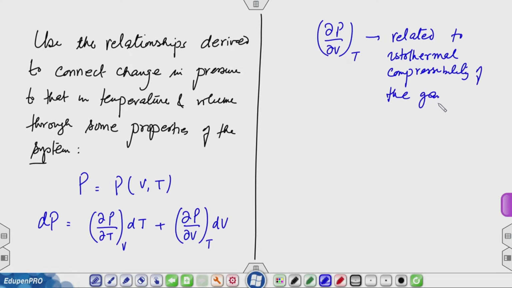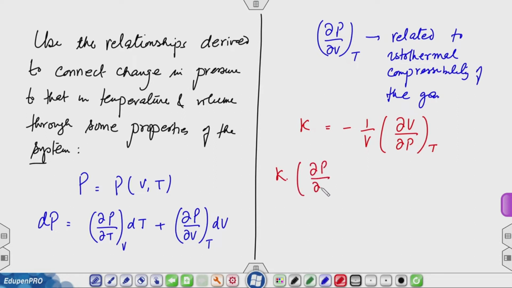That's a measurable quantity. That's a property of the system. So how is isothermal compressibility defined? Isothermal compressibility, kappa, is equal to minus 1 over V partial V, partial P at constant temperature. So if I multiply by partial P partial V at constant temperature on both sides, I have kappa partial P partial V at constant temperature equals minus 1 over V, and I get 1.